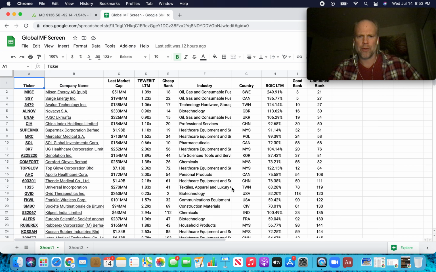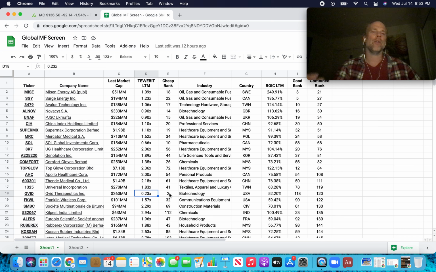let's see, the first one here is a biotech company, Ovid Therapeutics, 260 million. I mean, look at this, acquirer's multiple, it ranks second. I mean, earnings from 1 quarter would allow you to make your money back in 1 quarter of earnings. So that's a little suspect.